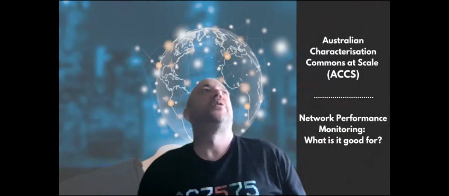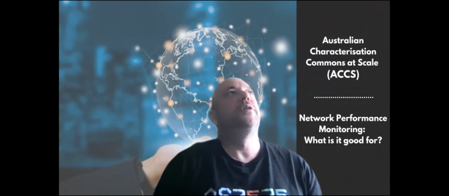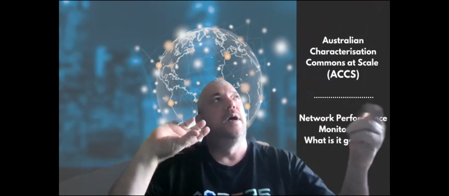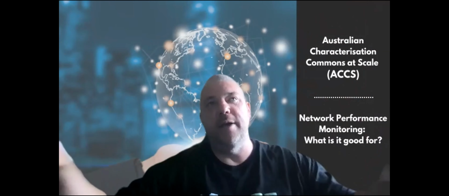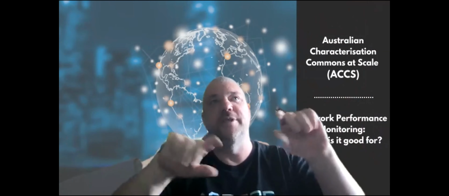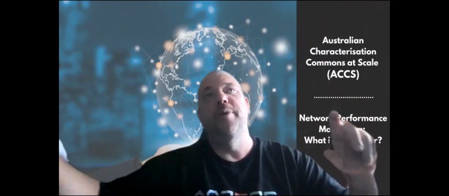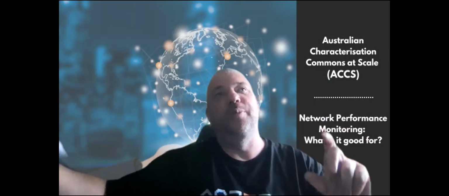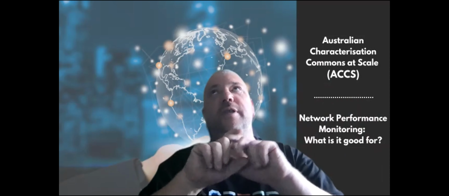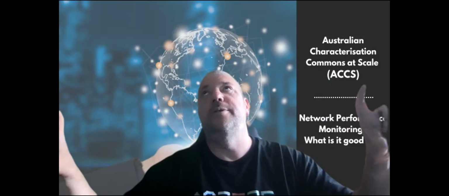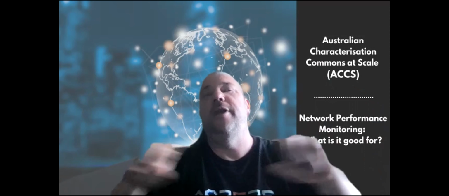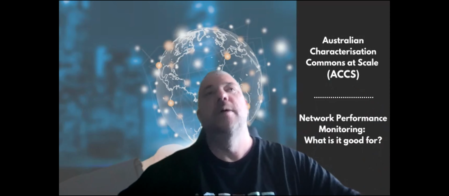So perfSONAR is not really a network management element, which is, are my systems up? You'll definitely know over time if it's not, because it won't be responding. It's more to give you a longitudinal view of how the network performs.